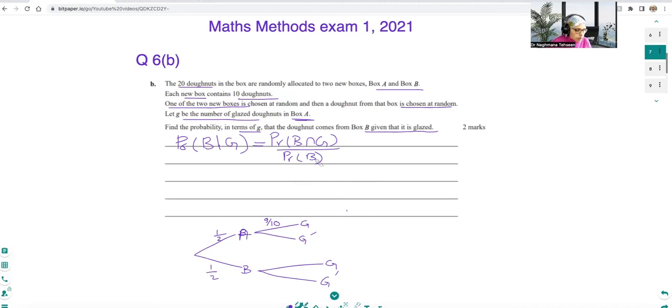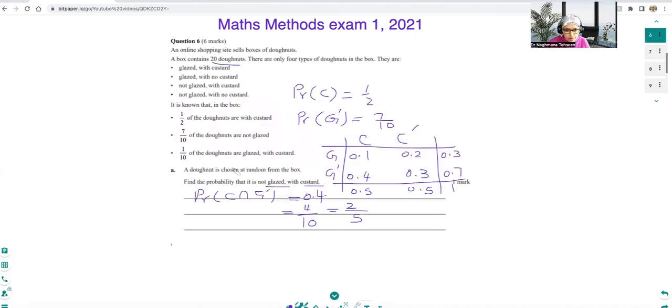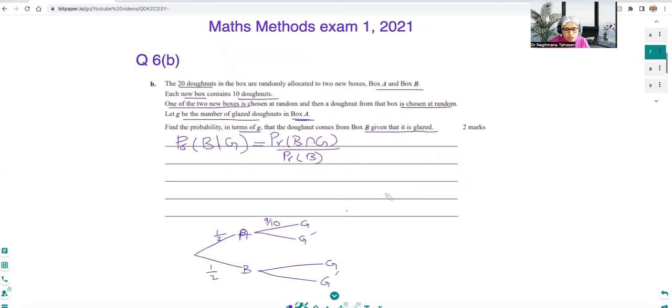One thing we could do is go back and use the fact that the probability of glazed is 0.3. We already know that, so 0.3 is the probability of glazed.